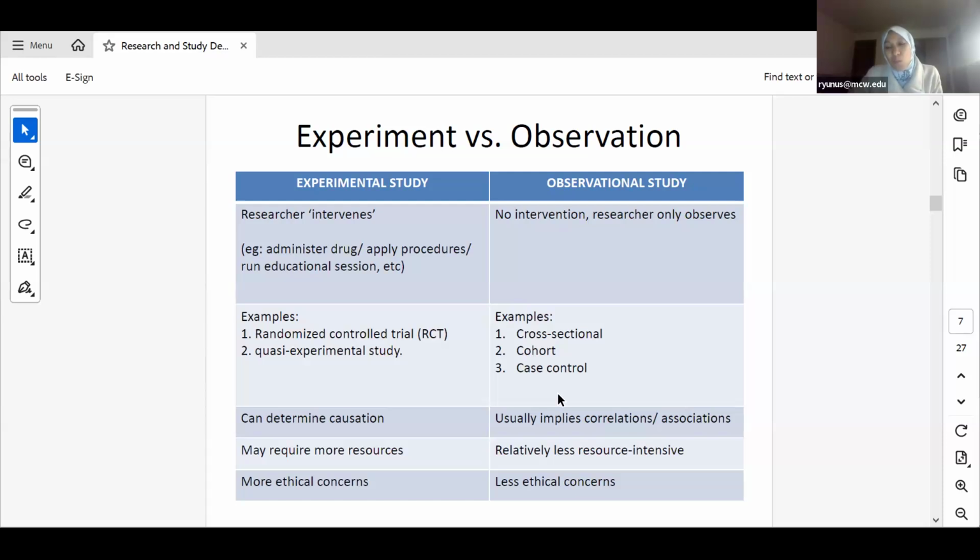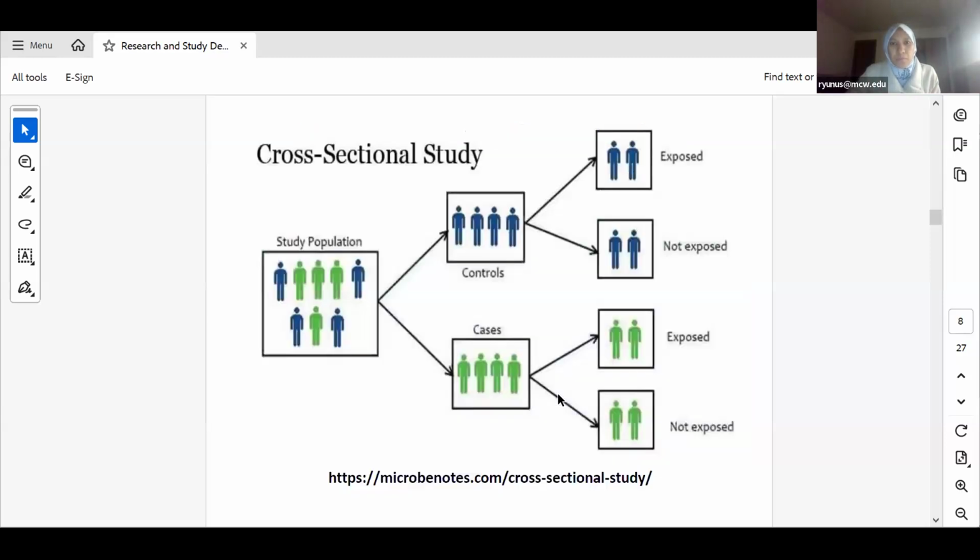So there are a lot more ethical issues to think of, as compared to observational study, where most of the time you just sit there and document what is happening, or look back at what has already happened. So there's not much of an ethical issue to be worried about.